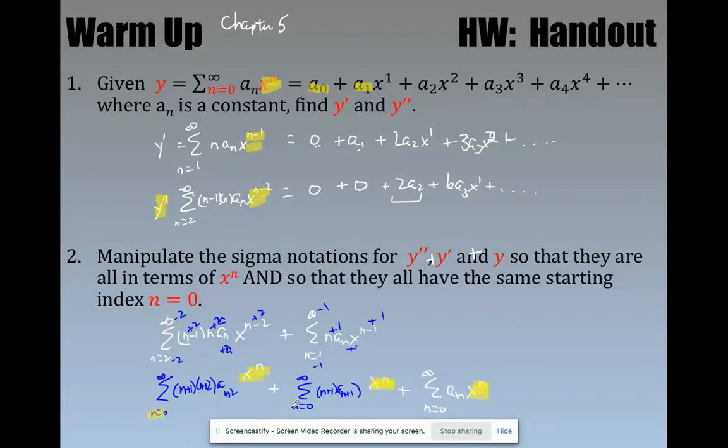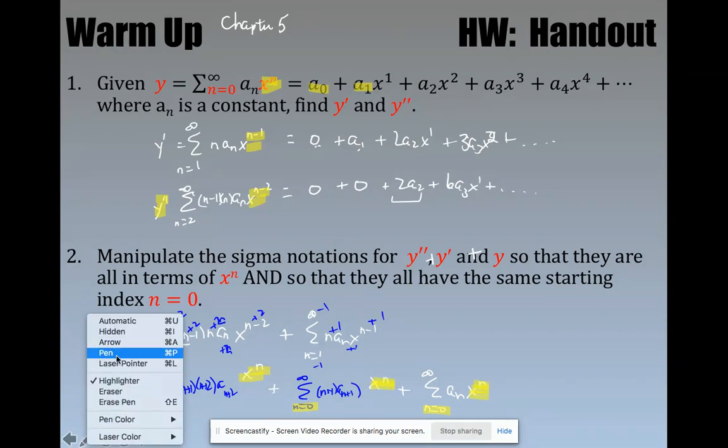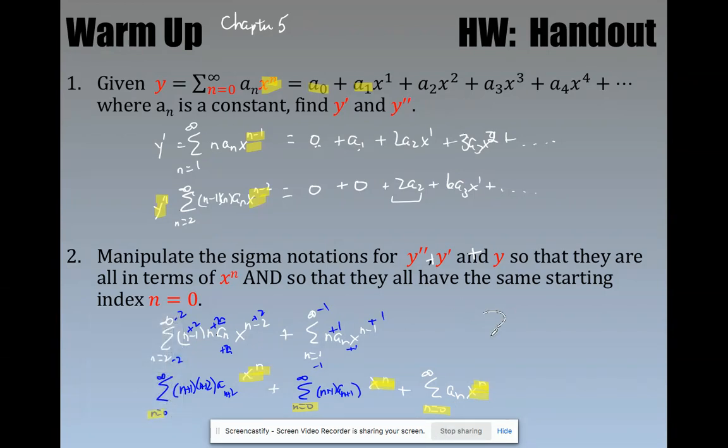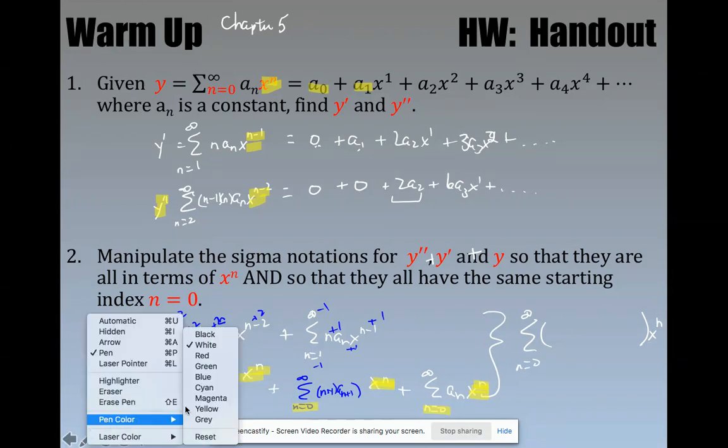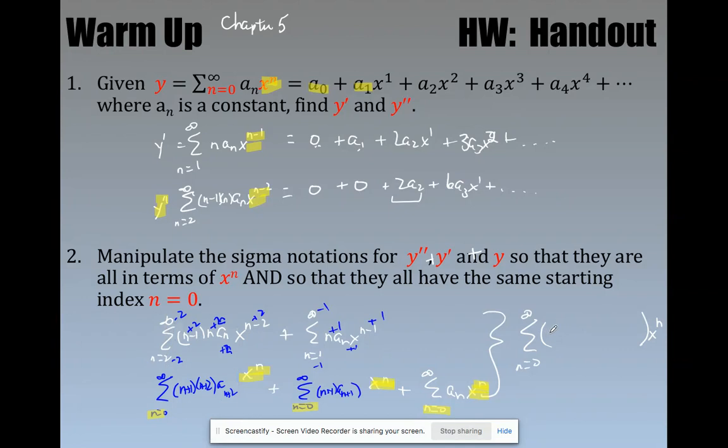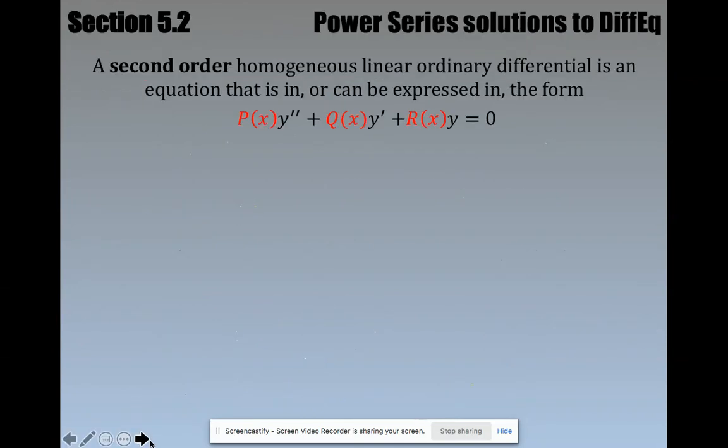And if I have the same index, I can use one summation and put everybody inside. That we're also going to need to use in this section.